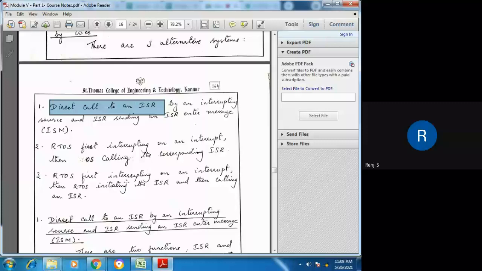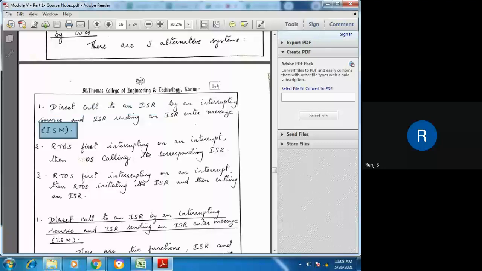It will jump to the interrupt service routine directly, and the interrupt service routine, before starting its execution, will send an ISR enter message, which is called ISM, interrupt service message, to the operating system. And when the operating system receives this interrupt service message, it will stop its execution, and then the interrupt service routine will run. And on completion, it will return a message back to the operating system that it has completed its execution.